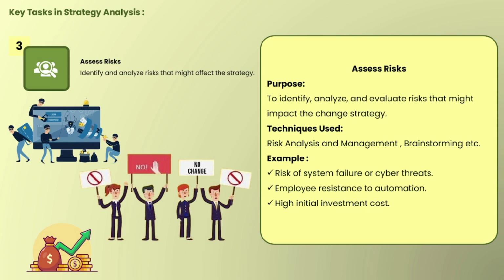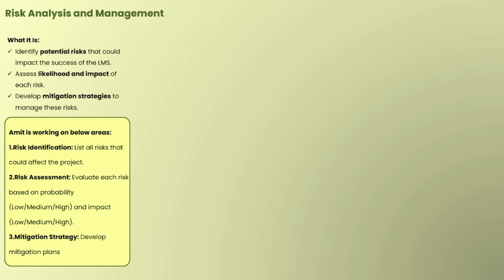Now let's explore this task with risk analysis and management. Risk analysis and management is to identify potential risks that could impact the success of the loan management system. We have already discussed this: identifying the potential risks involved in the future, which we need to identify very early.